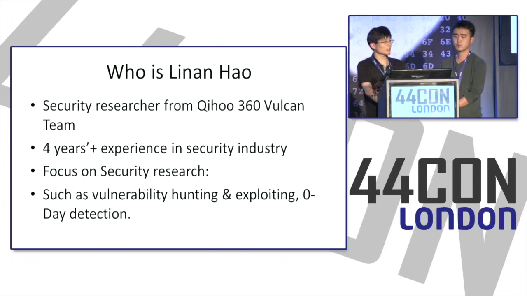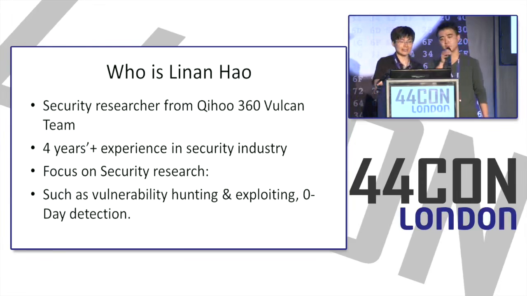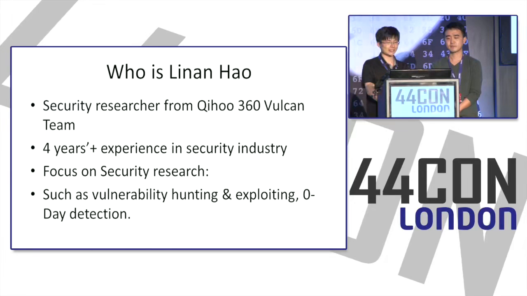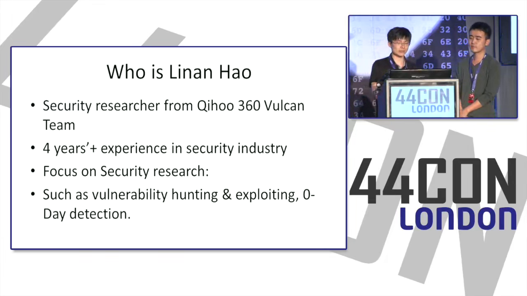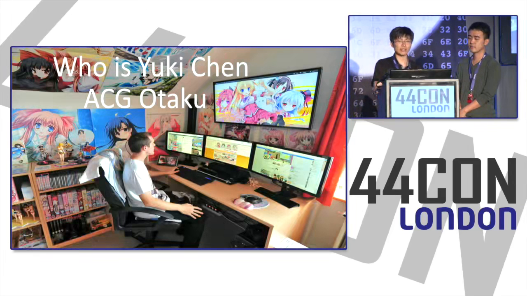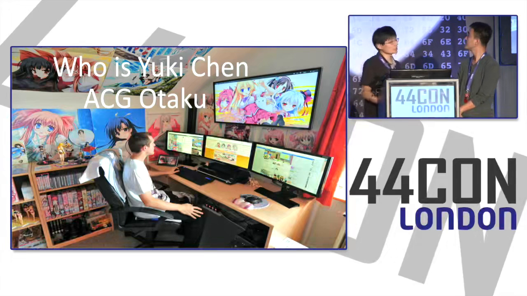And this is my colleague, Linan. Hello, everybody. Linan provides the first 0 day we used in the exploit, and he basically focuses on vulnerability research. And my name is Yuki Chen. I'm a hardcore ACG otaku, and I love Japanese comics and animations.